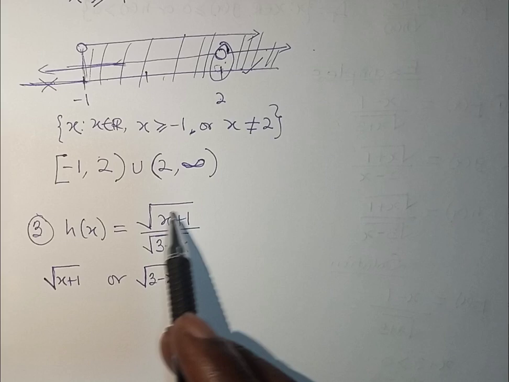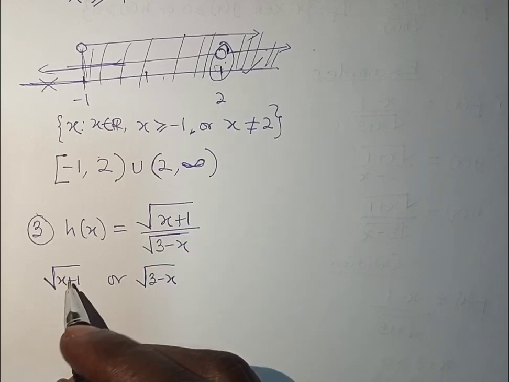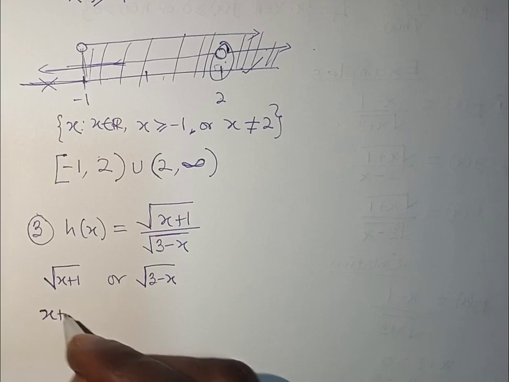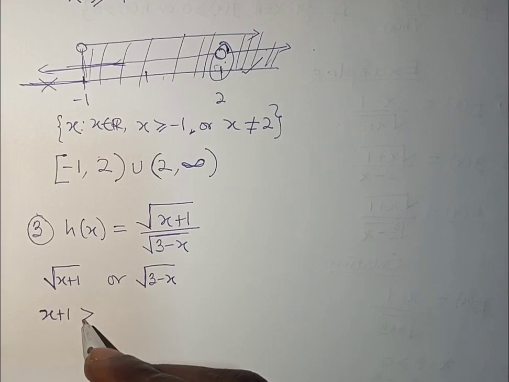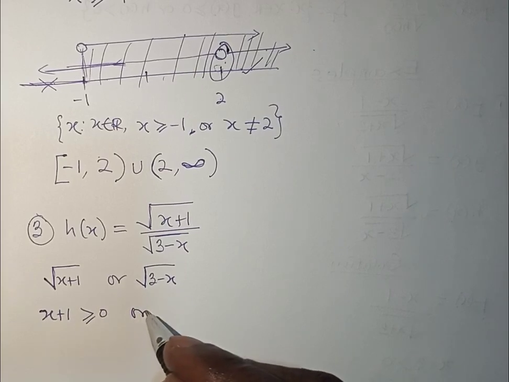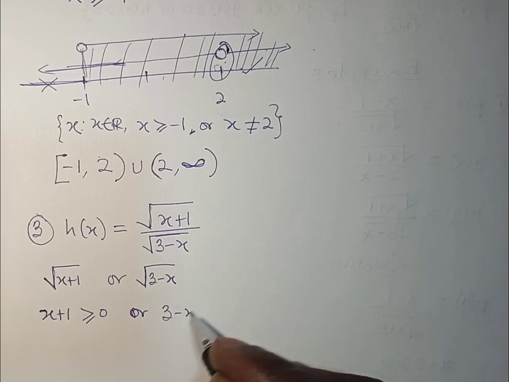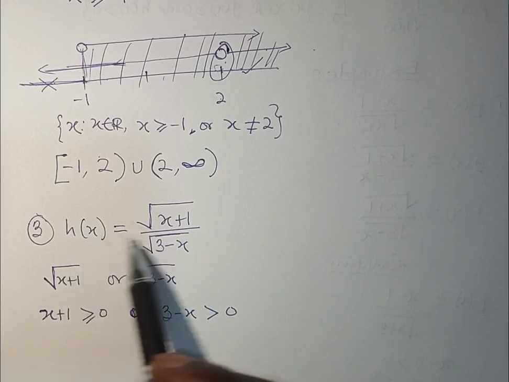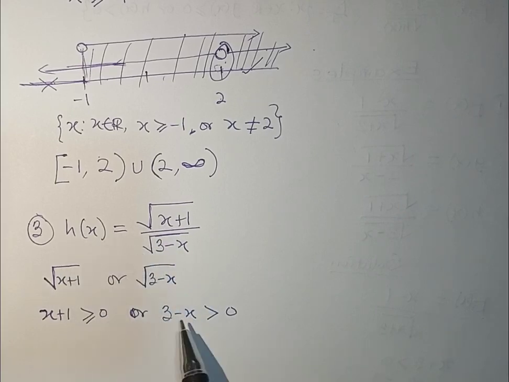Good. So for the numerator, for the function to be defined, x plus 1 should be greater or equal to 0. And for the denominator, for the function to be defined, 3 minus x should be greater than 0.